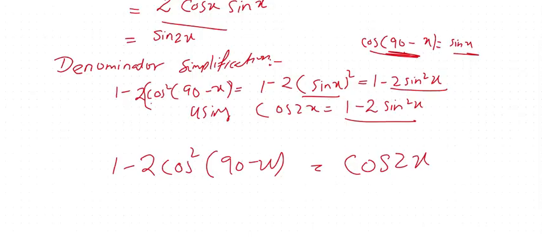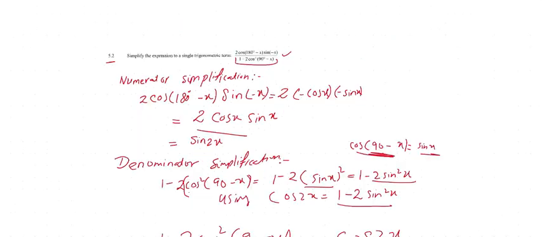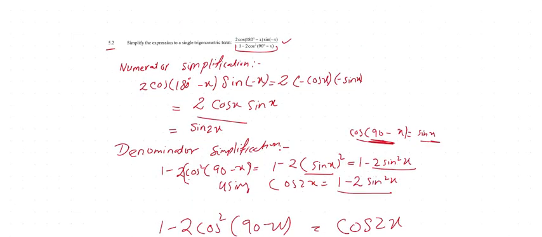So the denominator, 1 minus 2 cos square(90 degrees minus x), equals cos 2x, all right? So this is the denominator. This is its numerator and this is its denominator, and I'm going to put the values like that at the end, okay?